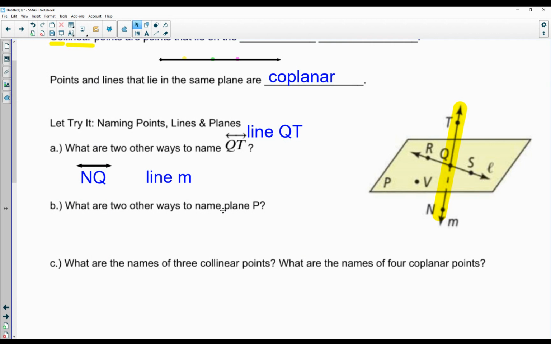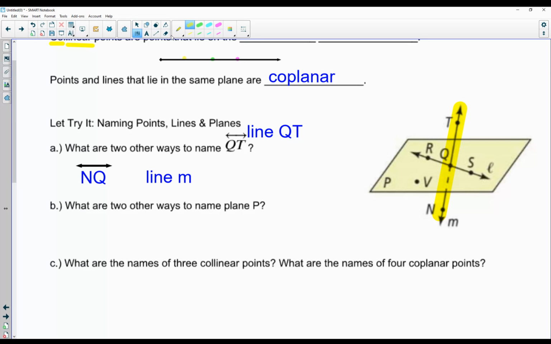Part B. What are two other ways to name plane P? Okay, we use the uppercase letter P, that's one way. The other way is to pick 3 points that do not lie on the same line, so 3 points that are non-collinear.